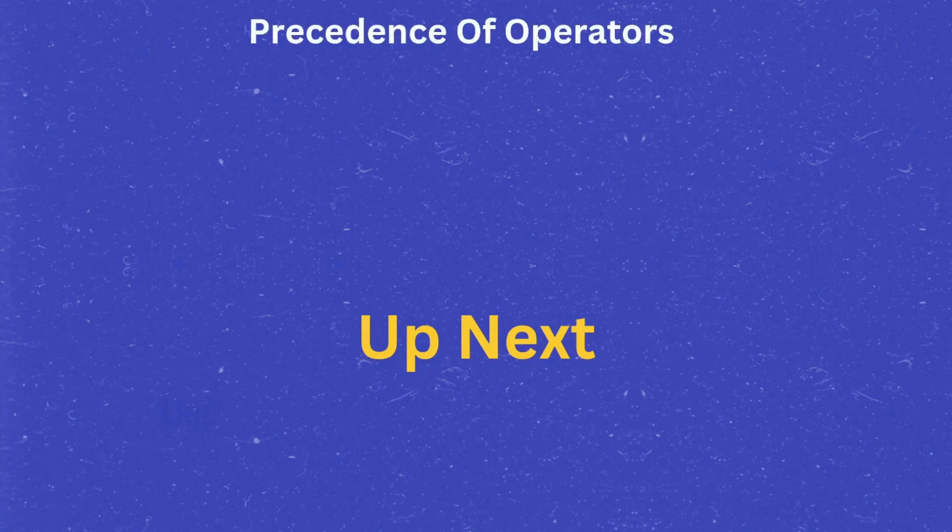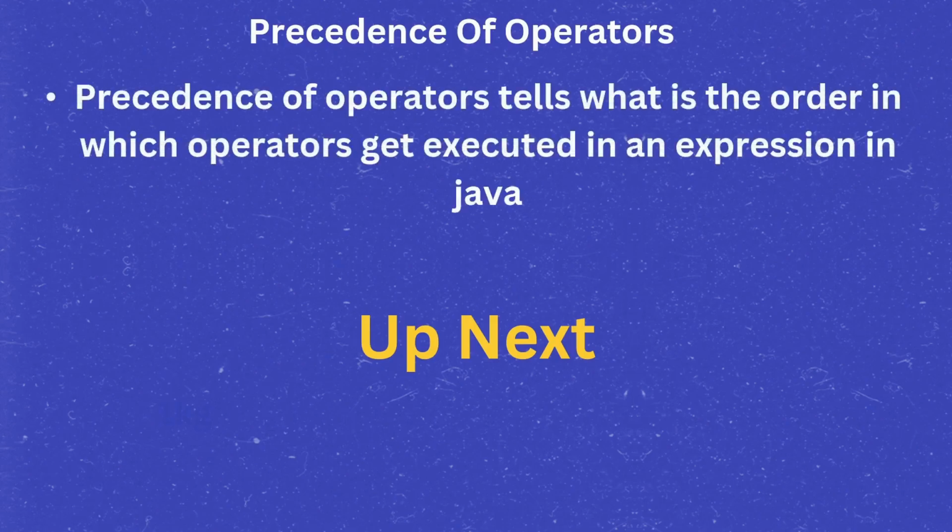Up next in the next tutorial, you will be learning something called precedence of operators. Now what is this precedence of operators? When you have a Java expression where multiple operators are used, for an example, this expression, so over here a lot of operators are being used: plus, minus, asterisk, modulus, right?